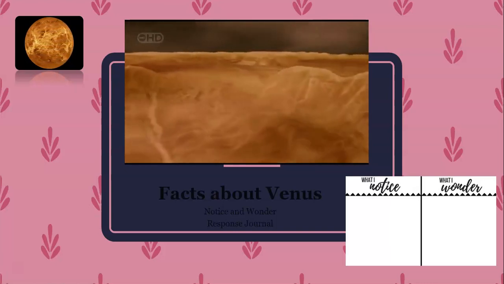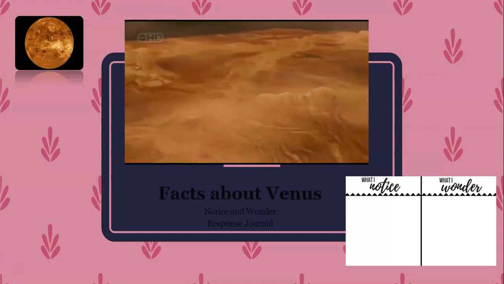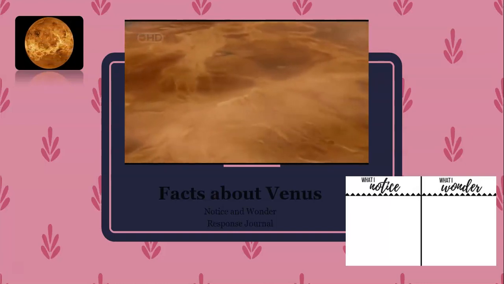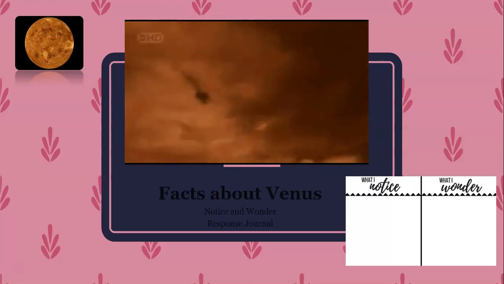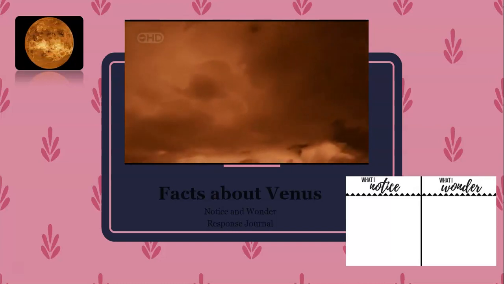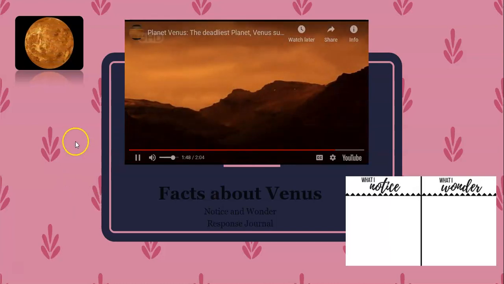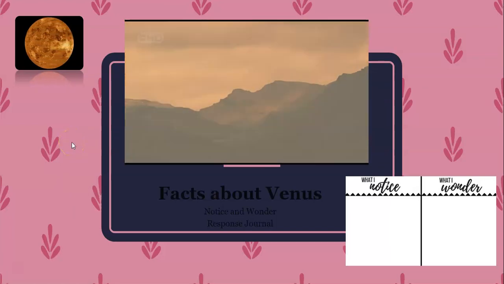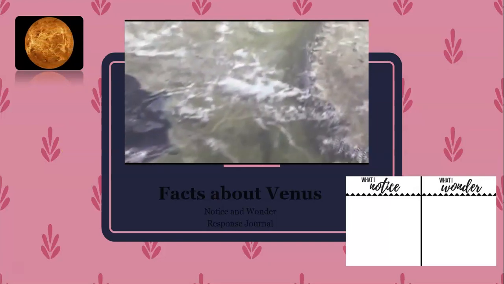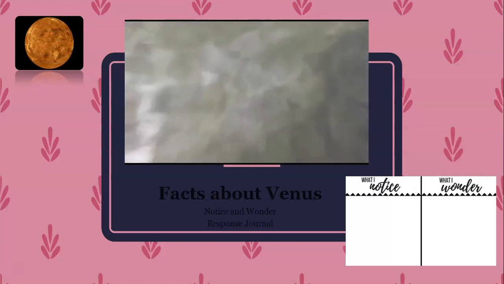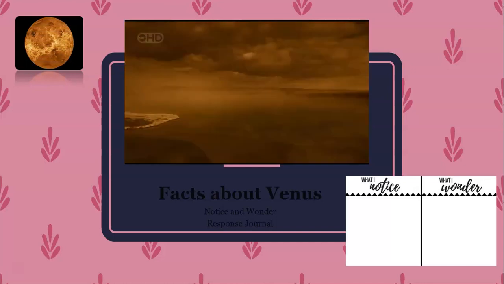Probe sensors reveal an atmospheric pressure 90 times greater than on Earth, large enough to crush a car. But the biggest problem is temperature. The atmosphere is nearly all carbon dioxide. Just like on Earth, this gas acts like a pane of glass in a greenhouse, letting the light through, but not the heat out. On Earth, increased carbon dioxide levels are causing small rises in temperature. But on Venus, they have pushed the temperature to over 900 degrees Fahrenheit.